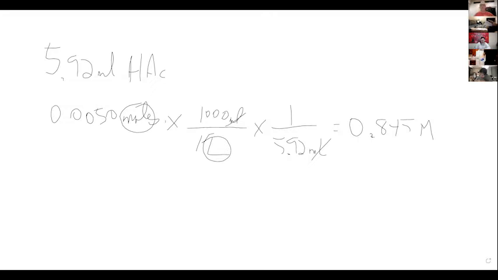Now remember, we want to round that. I'm not going to round that yet, because there's still some calculations I need to do. But my initial concentration of acetic acid in the vinegar is 0.845 molar.